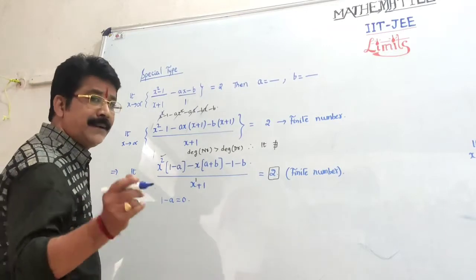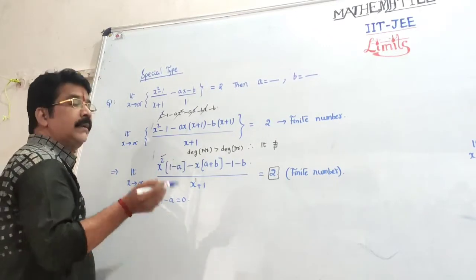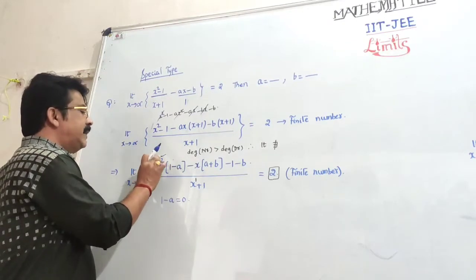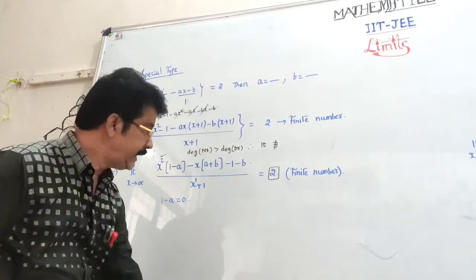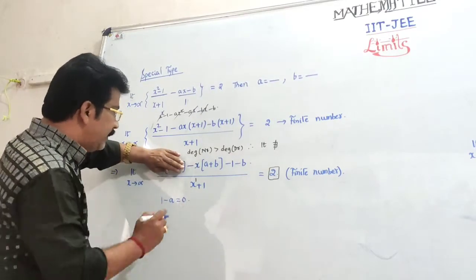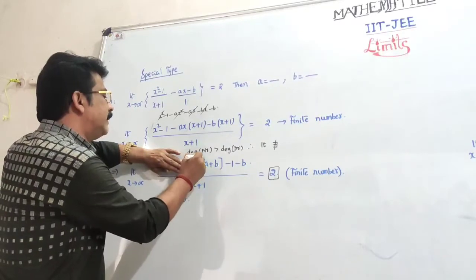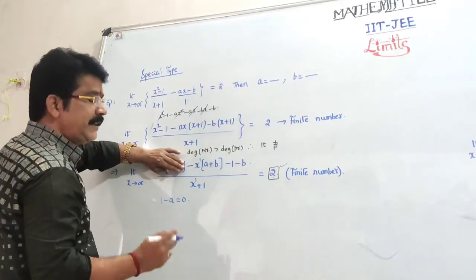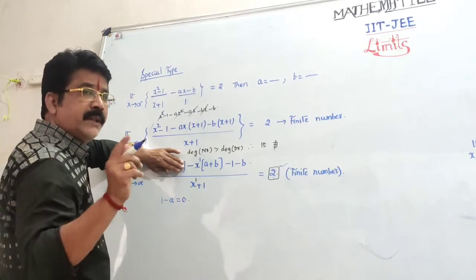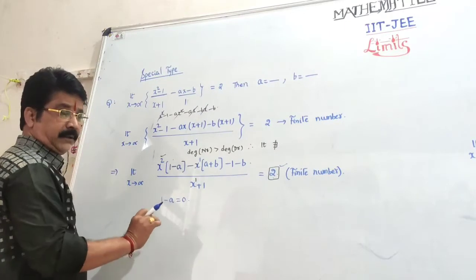If this quotient is 0, then in the numerator the x square is absent, so the degree of numerator becomes 1, and only then the limit exists or is finite, otherwise it is not possible. So therefore, for no loss of generality, 1 minus a should be equal to 0.